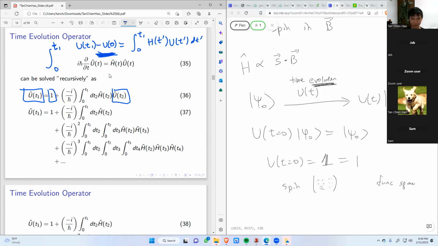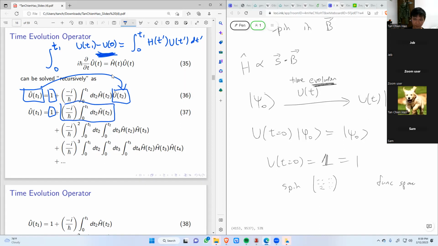So what this allows us to do is to do it recursively. Now substitute this back into here. Substituting u of t1 back into this, this is just the previous term.